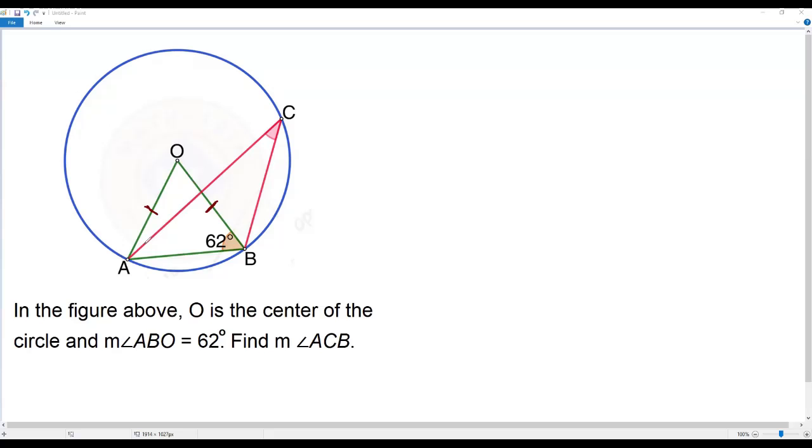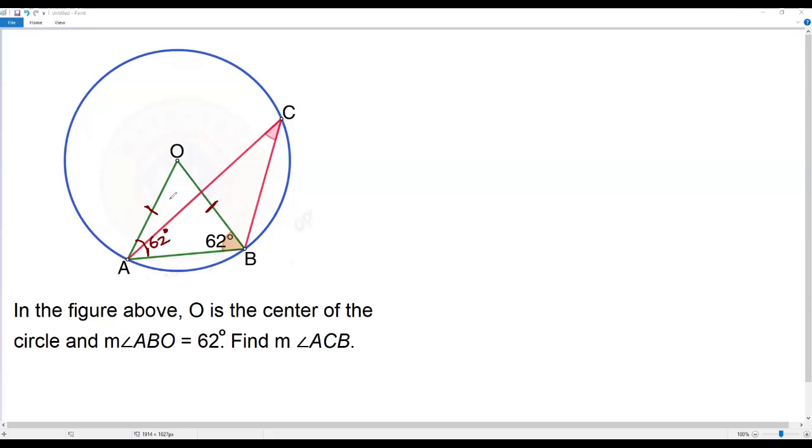And in any triangle, the angle measures opposite to the sides of equal length must be equal. So this is the angle measure opposite to the side OA, and this is the angle measure opposite to the side OB. Since OA and OB are equal because they are radii, whatever angle measure we have over here, the same angle measure we have over here, that is 62 degrees, because these two angle measures are opposite to the sides of the triangle of equal length.